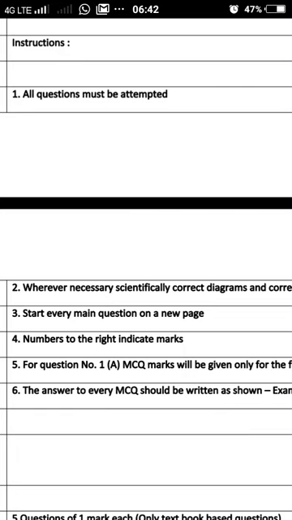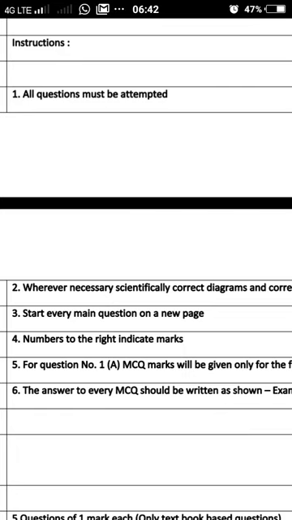Okay, so for sub questions you can write continuously, but for writing a new question you will have to start it on a new page. Like question number 1A, 1B you can write continuously, but to start question number 2, that is 2A, you will have to come on a new page.